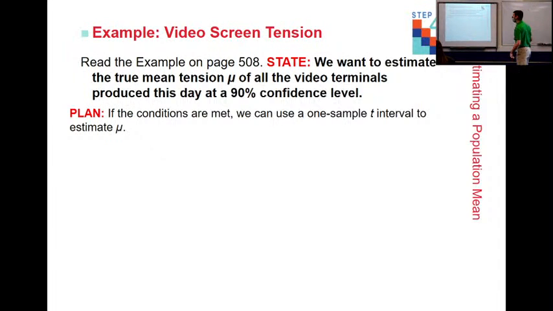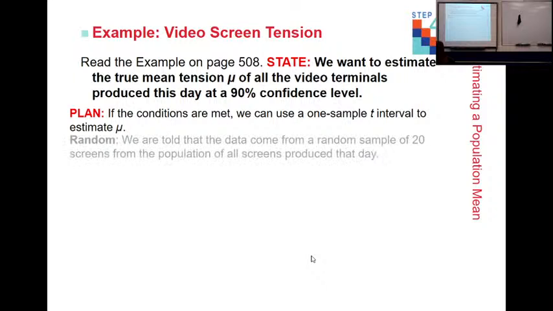This is also where I would write down the mean and standard deviation. There's step 1. Questions on step 1? All right. Step 2. We check our conditions. Random. It says the tension readings from a random sample of 20 screens. So we do have a random sample happening.